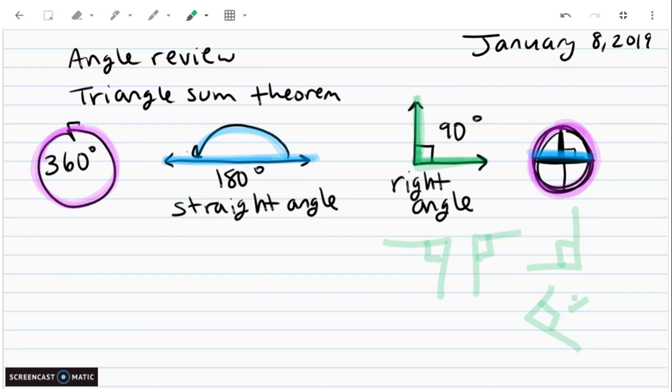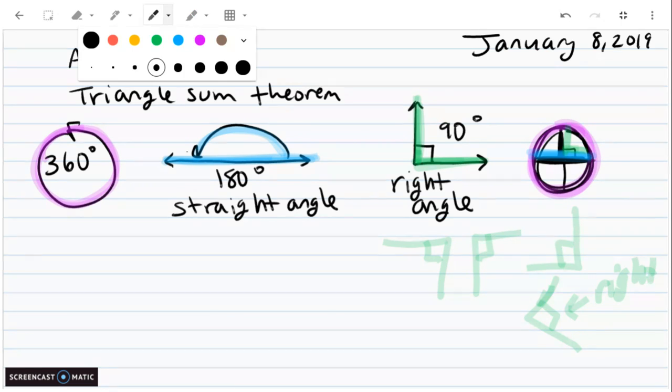But whenever you see that sign right there, then you know it's a right angle. And so that's right here in my circle. So it's all this off the circle. 360 is all the way around, halfway across is 180, and then the right angle is a quarter of the circle. So I want to make sure we knew that.